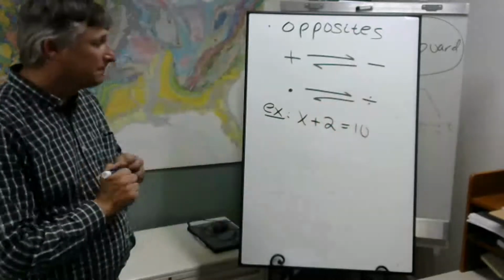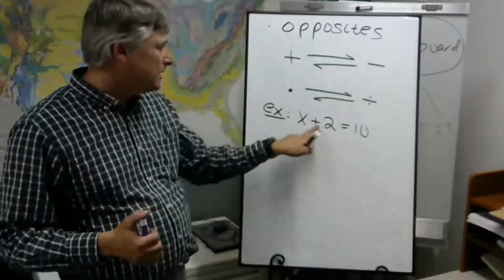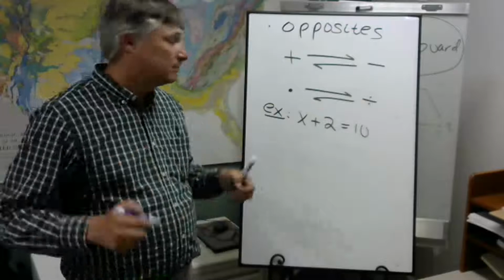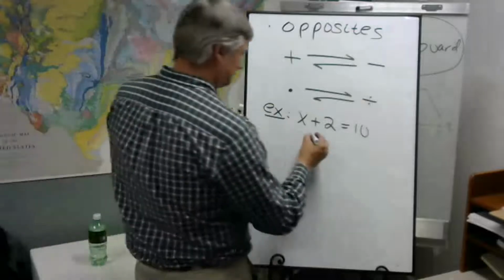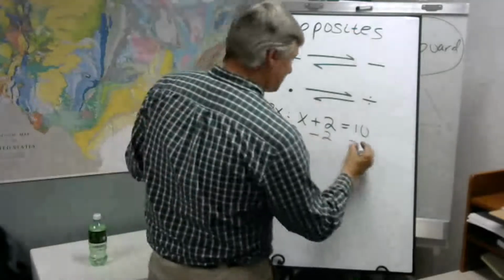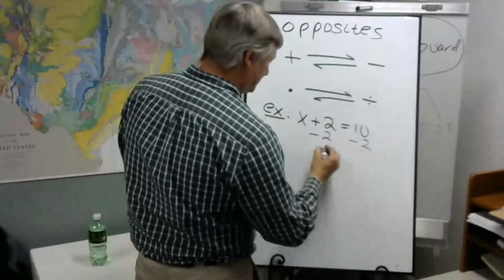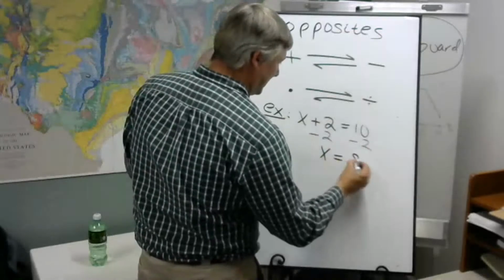X plus 2 equals 10. We want to get x by itself. So we want to do the opposite of adding 2, subtract 2. And what we do to one side, we do to the other. And so we get x equals 8.